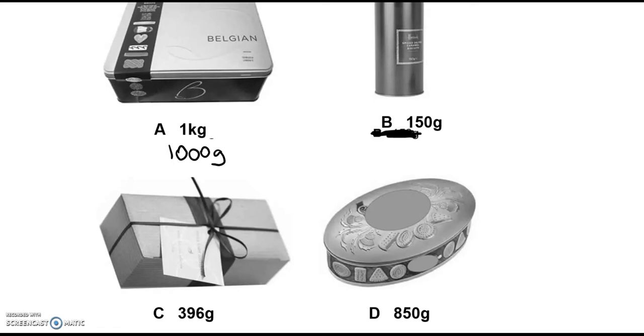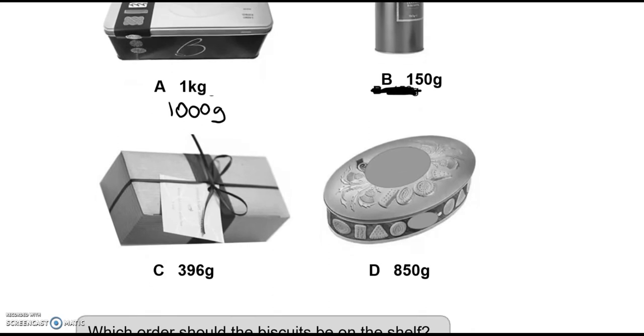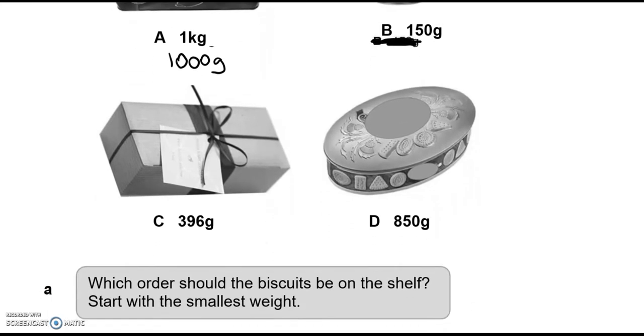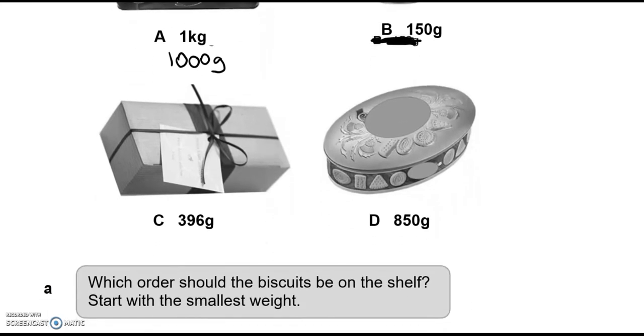So now it's as easy as looking at the numbers and comparing them, because we've got to work out which order the biscuits should be on the shelf. Start with the smallest weight. So out of these 4, the smallest is B, 150 grams.